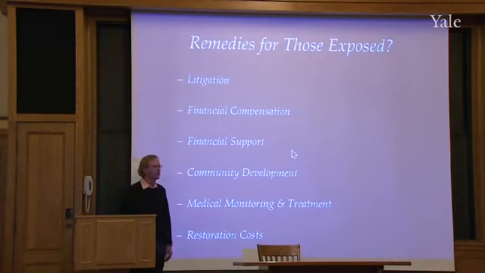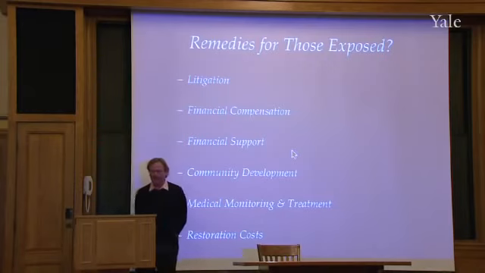So what are the remedies? What are the remedies for a population such as this? Well, we'll come back to this when we get back together on Thursday, but litigation is one. Litigation is a really difficult approach because of the amount of time it normally takes, but also the amount of funding that it would take, and litigation that would be brought against the United States government would be fought intensively.